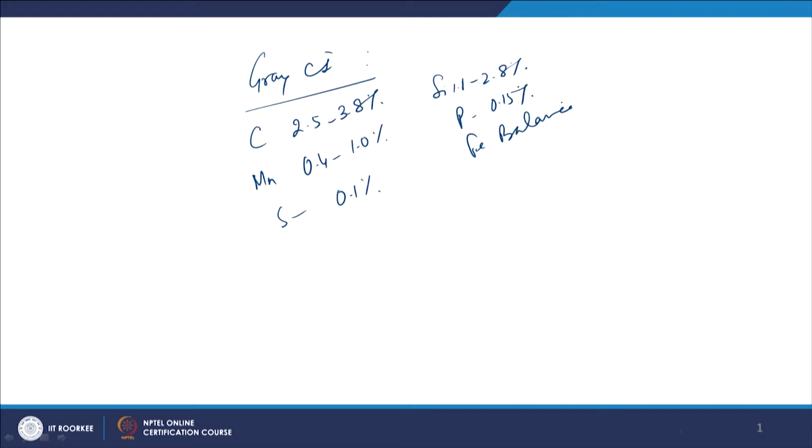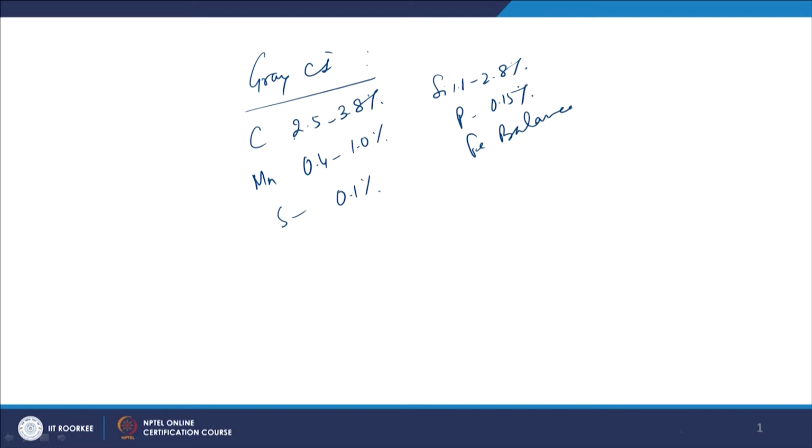So the gray cast iron has this composition: carbon about 2.5 to 3.8%, silicon 1.1 to 2.8%, manganese 0.4 to 1, phosphorus 0.15, sulfur 0.1, and the rest is iron. Each element has its role. Carbon and silicon primarily promote graphitization, and phosphorus is for the fluidity and all that.